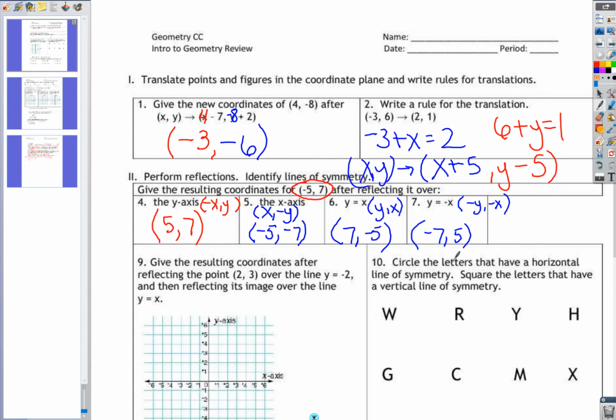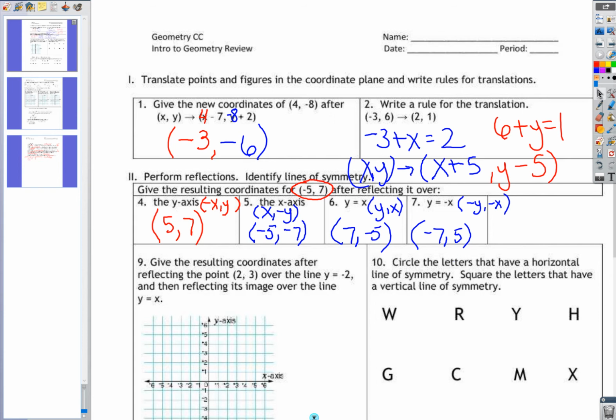Remind me at the end of class and I'll see if I have it. Right now you can get the rules written down because I have all the rules written down right there, so you can always be studying that. Are there any other questions on 4, 5, 6, or 7?